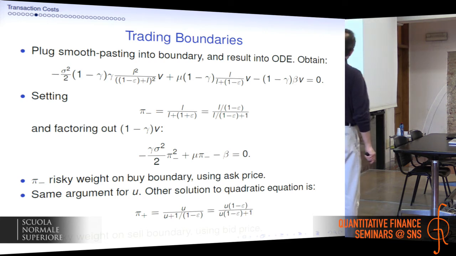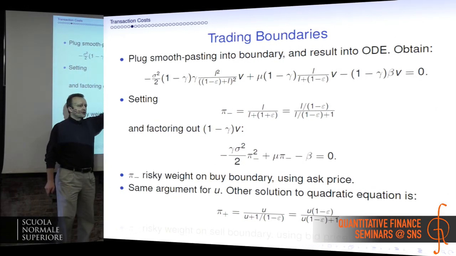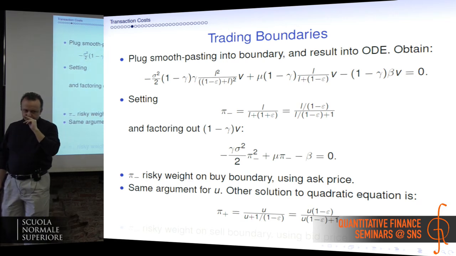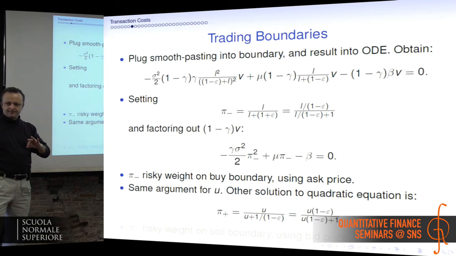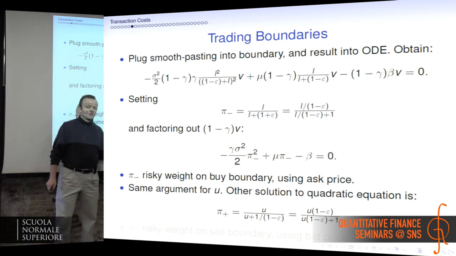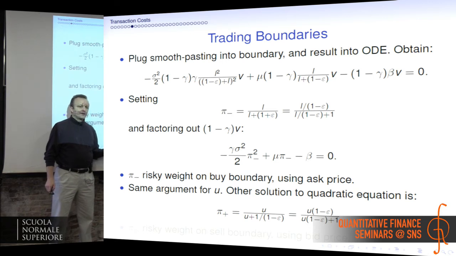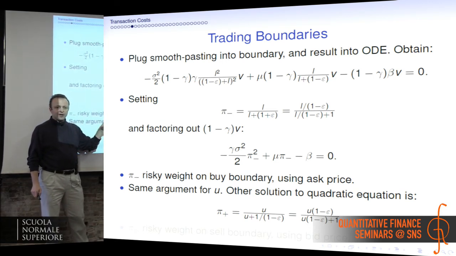Pi minus is the proportion of wealth at which you sell, evaluated using the price at which you sell. Okay? Pi plus is the proportion of wealth at which you buy, evaluated using the price at which you buy.